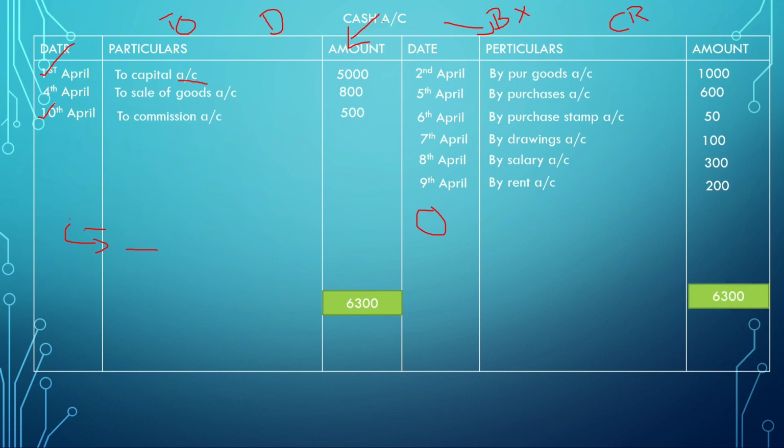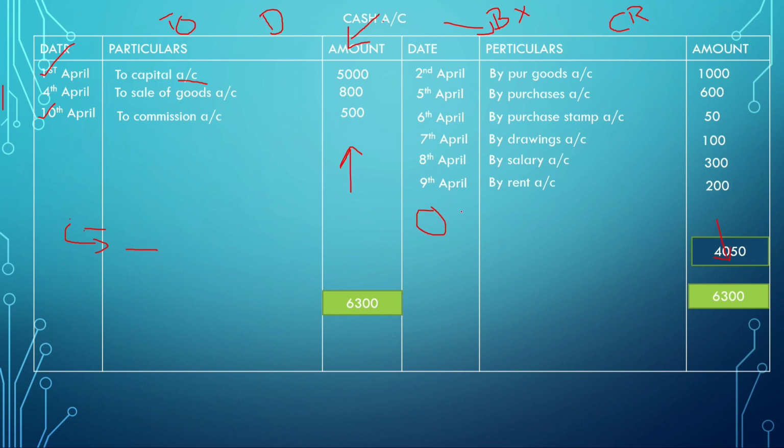6,300 rupees. But here the debit is more and credit is less. How much is the difference from 6,300 to 2,000? The difference is 4050. How did we get this difference?